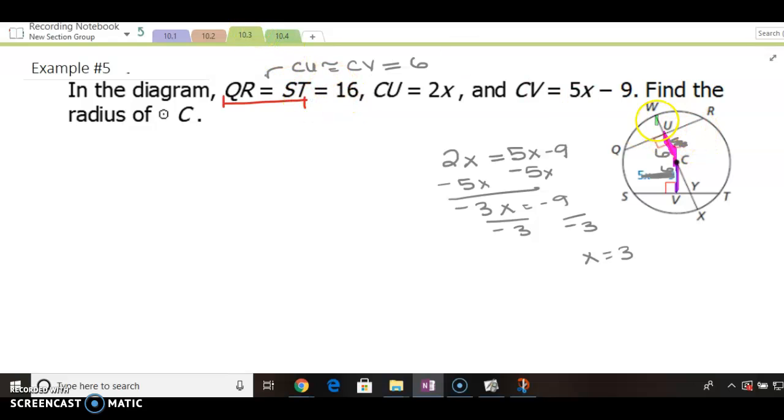Now if you notice, this diameter cuts it perpendicularly, which tells me that it bisects this chord. So if it's 16, that means this is 8 and this is 8.